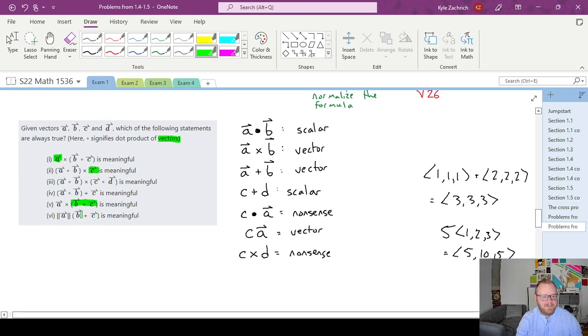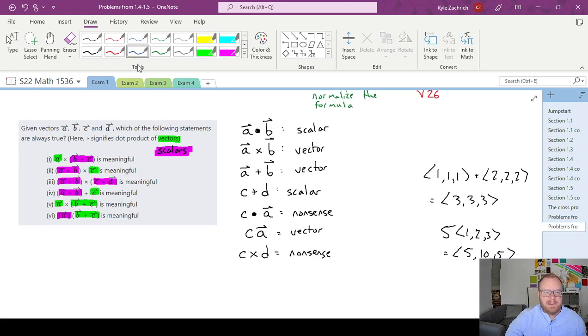B plus C is a vector. A is a vector. C is a vector. I think that's all the vectors. And in purple, I'm going to write all my scalars. That's B dotted with C, A dotted with B, this, this, this, and the magnitude of the vector A is also a scalar.